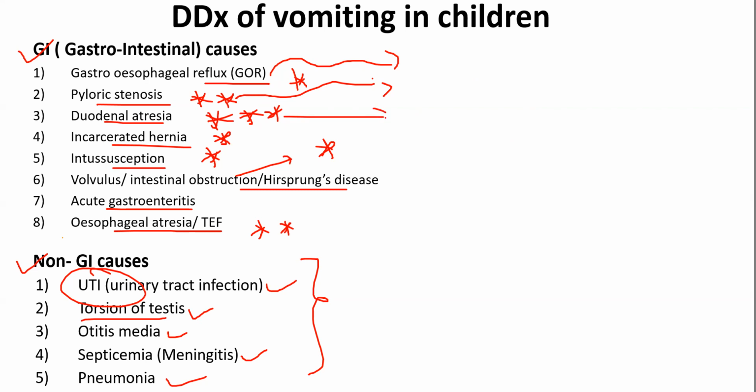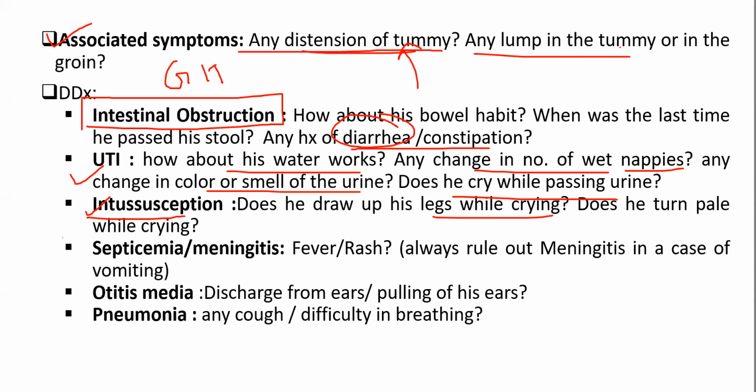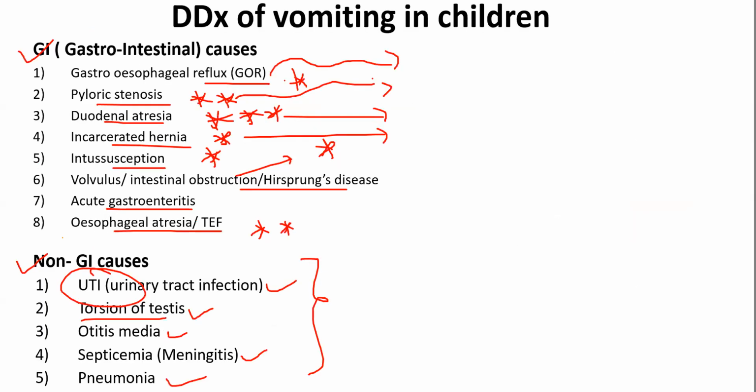Duodenal atresia, we will come to this later on, but it usually happens within 24 hours of birth. Incarcerated hernia, we already asked the question, have you noticed any lump or bump on the tummy or on the groin? If there is a lump or bump in the groin, then we would think about a hernia. Then intussusception, which we have already asked. Intestinal obstruction we asked.